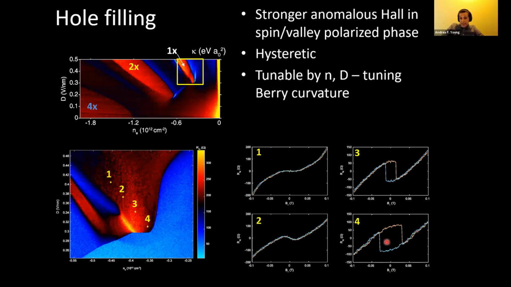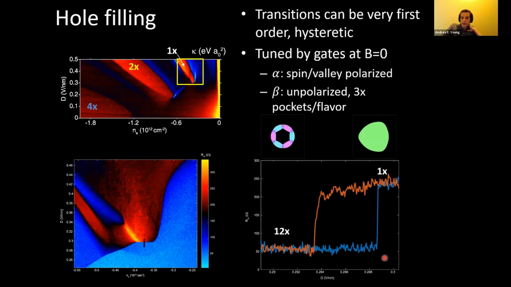One interesting thing is that these transitions always occur by a single jump. We've never seen Barkhausen type jumps the way we ubiquitously do in Moiré systems, because I think these systems effectively have no disorder and nothing to pin those domains, even at very low temperatures, at least so far that we found. Actually, they're so first order and so stable that you can actuate hysteretic switches again by gate voltage.